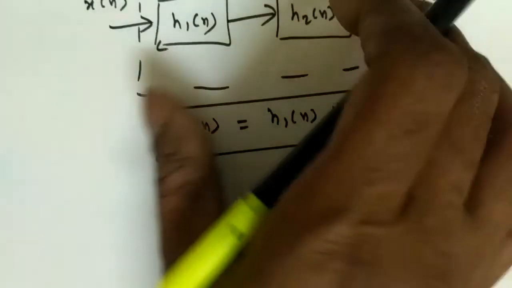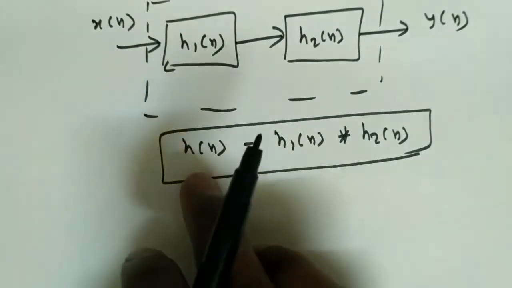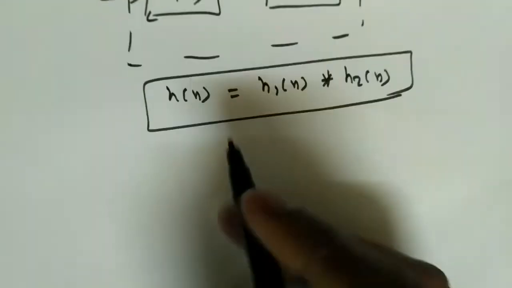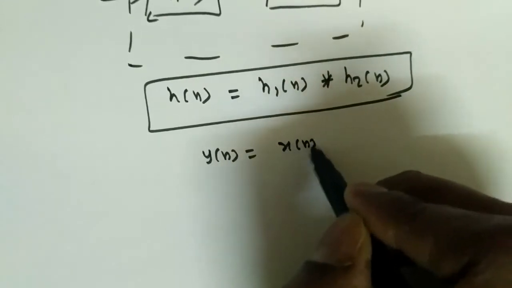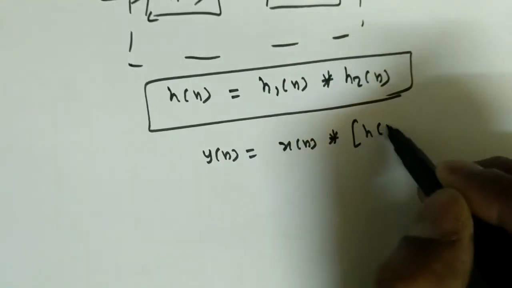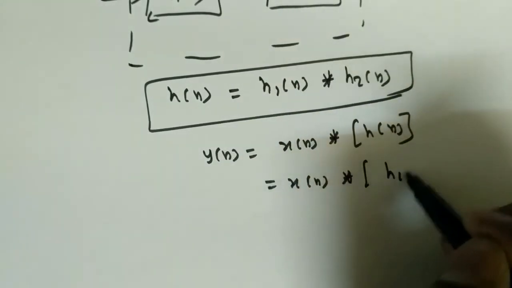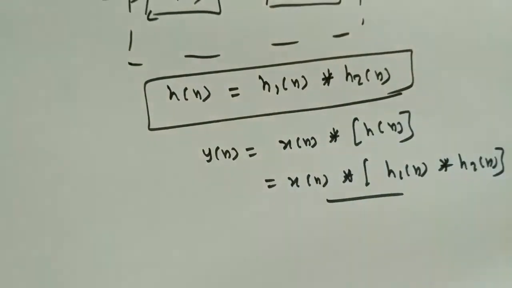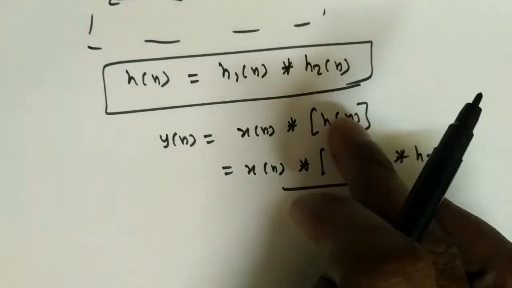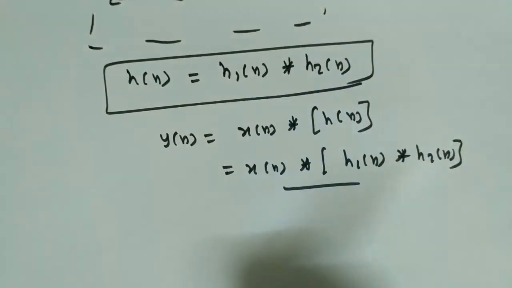Then once we know the total response of this system, we can find y of n, that is, the convolution between x of n and h of n is y of n. Again we can write y of n is equal to x of n convolved with h of n. But what is h of n? So x of n is convolved with h1 of n convolved with h2 of n, right? So this is actual, but first we'll find h of n by convolving these two, then we can find y of n.